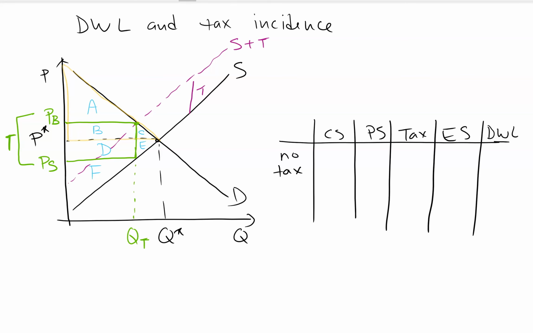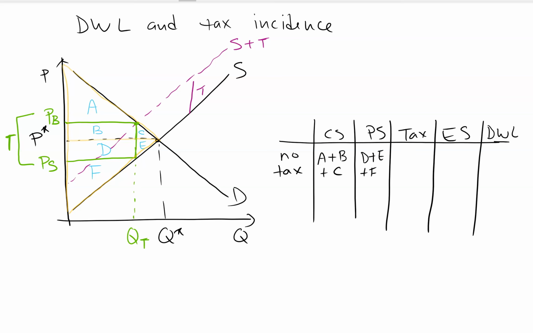It would have been A plus B plus C. And then the producer surplus is below the price they received, which was P star, and above their supply curve. Again, also outlined in yellow, in the bottom half, it would have been D plus E plus F.